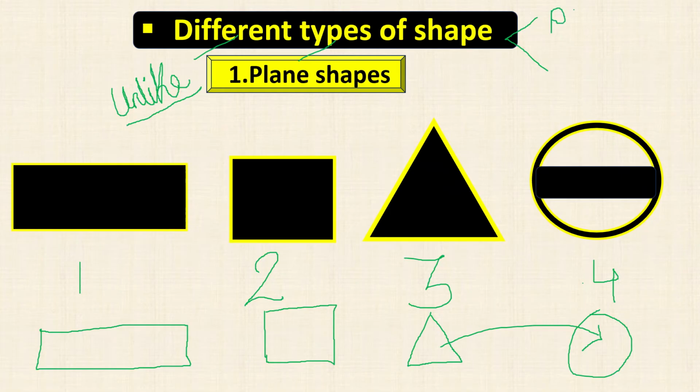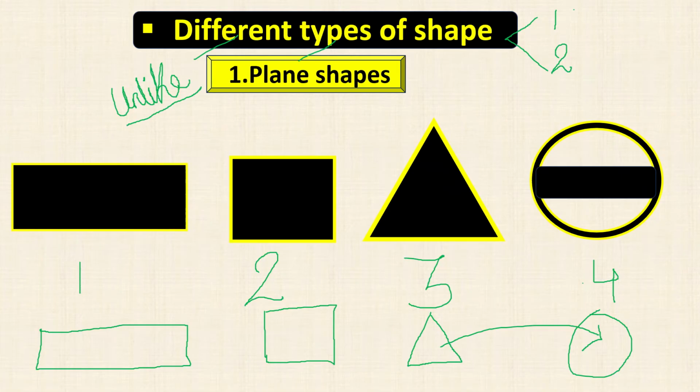I'm just telling you about it first, because there is not a proper space here to write it. So shape is divided into two parts, the first type and the second type.